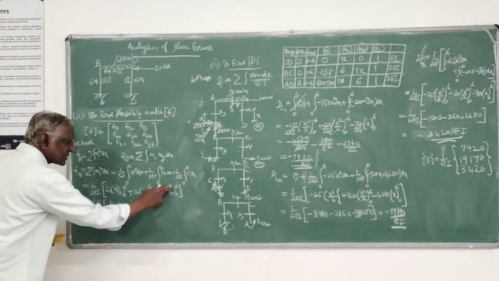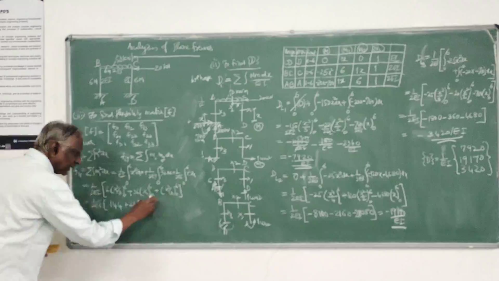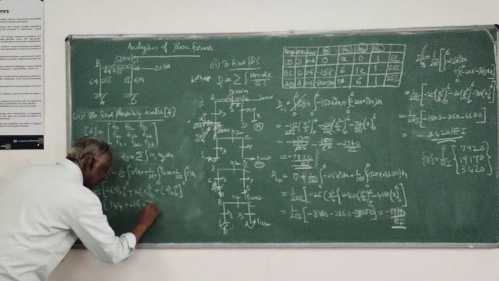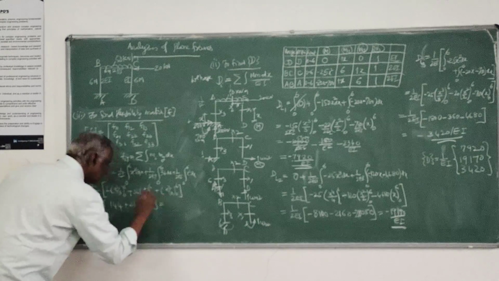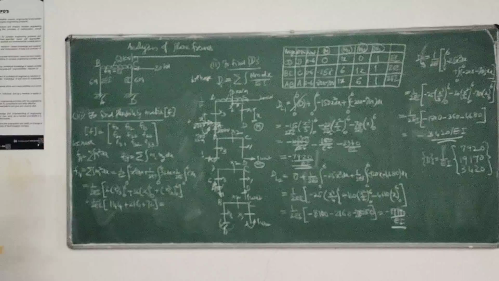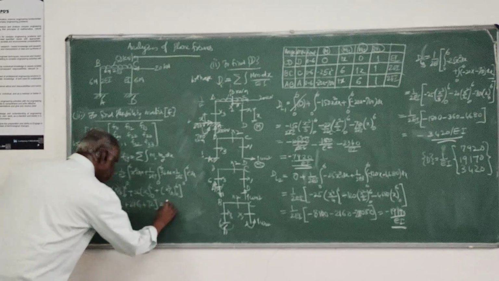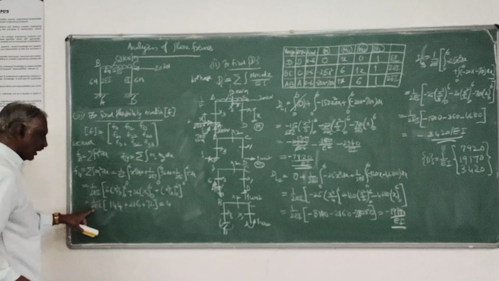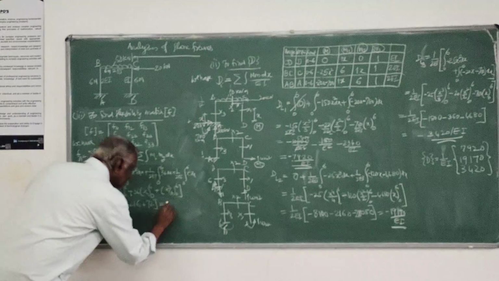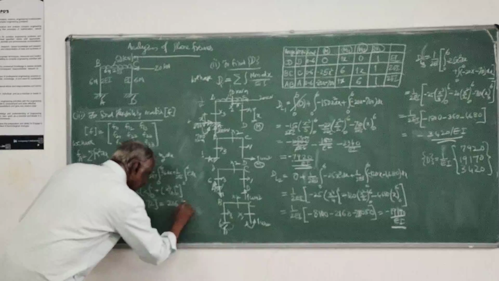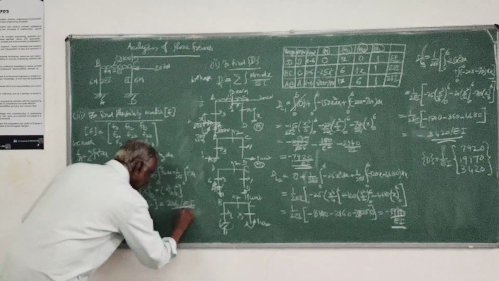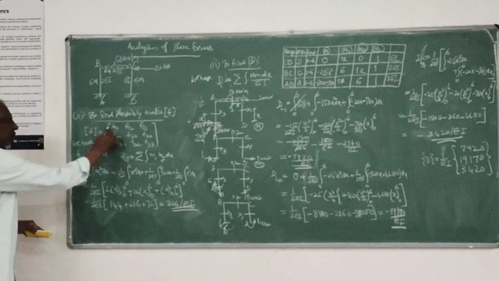Here it is 6 cube 216 divided by 3, that is 72. The sum is 432. 432 divided by 2 is 216. So 216 by EI is your F11.